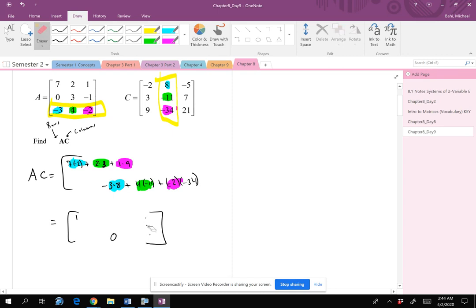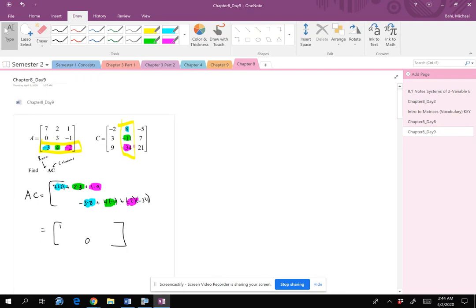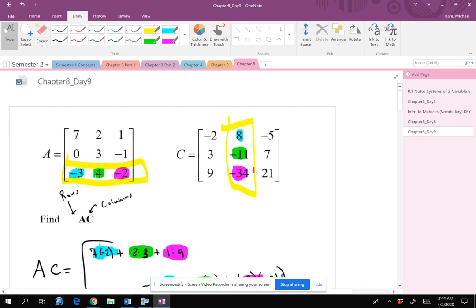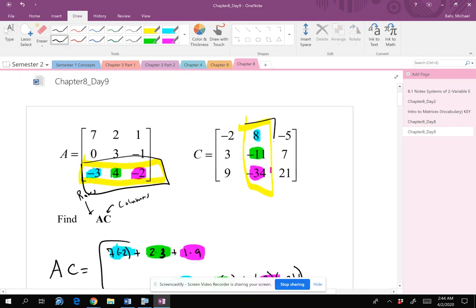Now, one thing I want to say is on the homework, you're going to notice that some answers will have "not possible" as their product. And what do they mean by that? In order for every row to have a partner from the other matrix's column, there has to be the same number of elements in the first matrix's row and the second matrix's column.